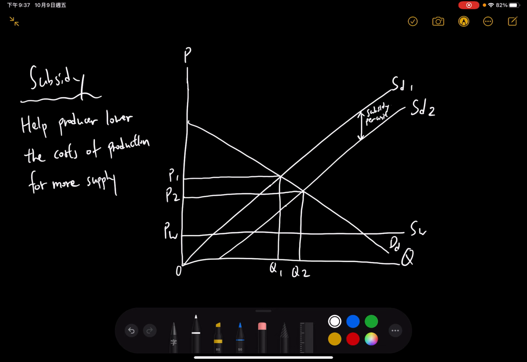Otherwise, look, no one is going to buy your goods at P2, right? So they have to follow and change the price to PW. So now, because of international trade, everyone is selling at PW, even after being subsidized. Does it make sense? All right.